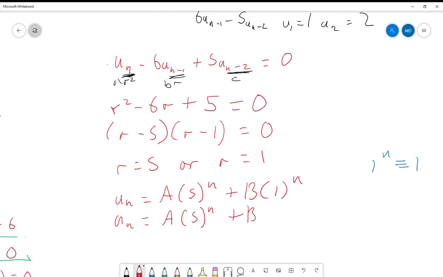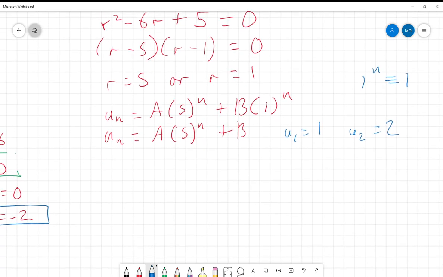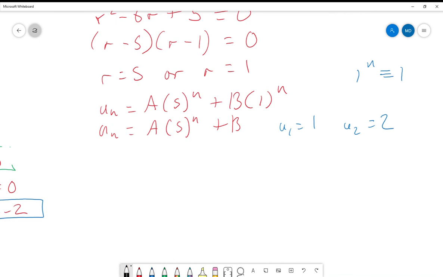And now we can plug in our initial conditions. u1 equals 1, u2 equals 2. With n equals 1, u1 is 1, so 1 is equal to a times 5 to the power of 1 plus b, which is equal to 5a plus b.